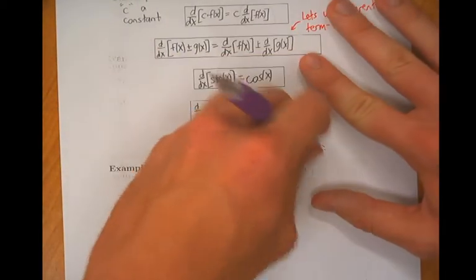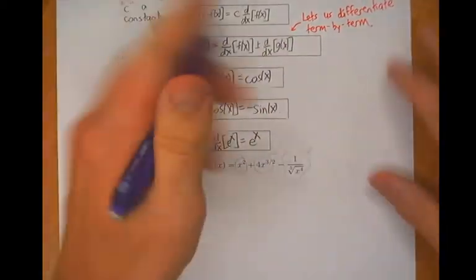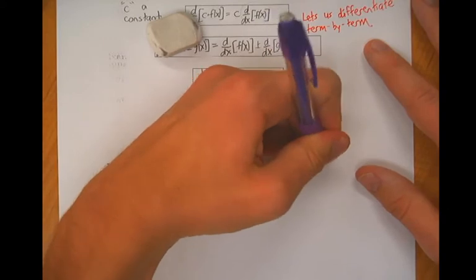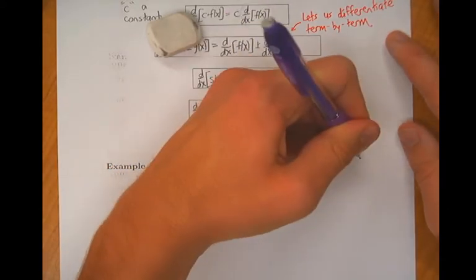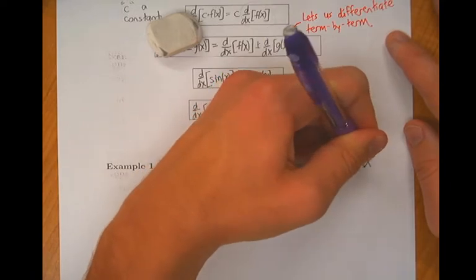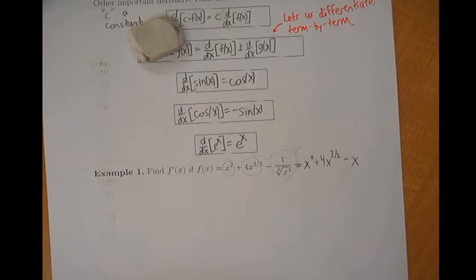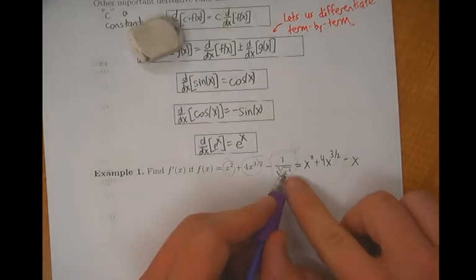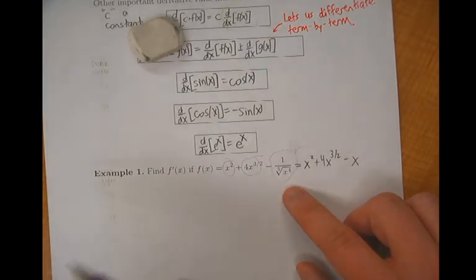So let me do this. We have x squared plus 4 times x to the 3 halves, and then minus x to the what power? Almost. If we're in the denominator, that means we have to do what? Negative 4/5, right.